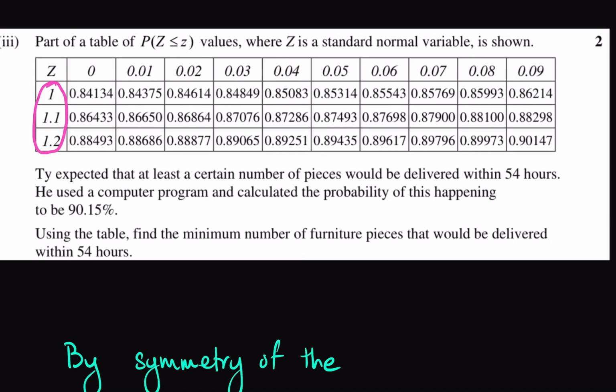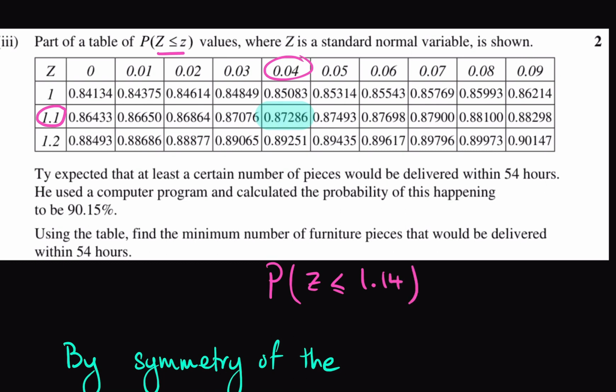If we look at one particular cell in the table, say this one here, the way to interpret this is the probability that the z-score is less than or equal to 1.14. That probability is 87.29%, obviously rounded to 2 decimal places.